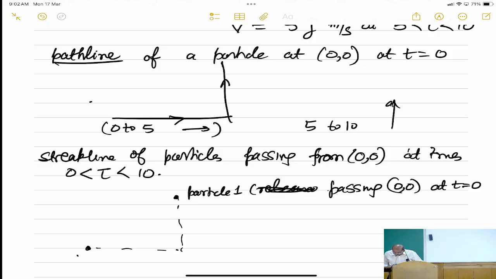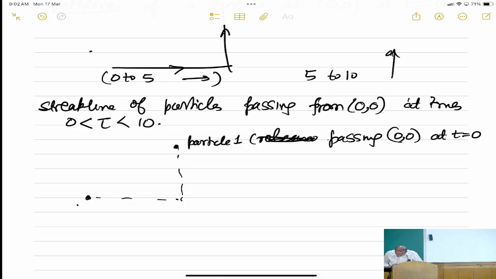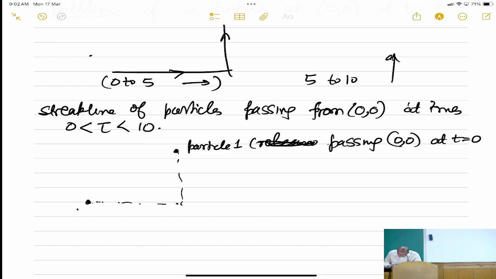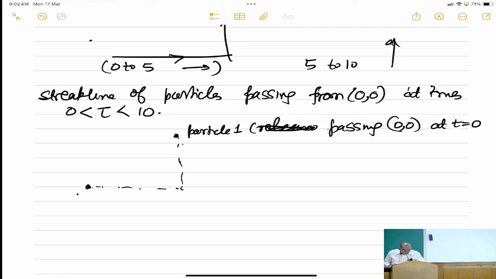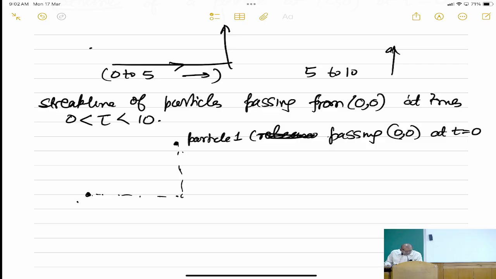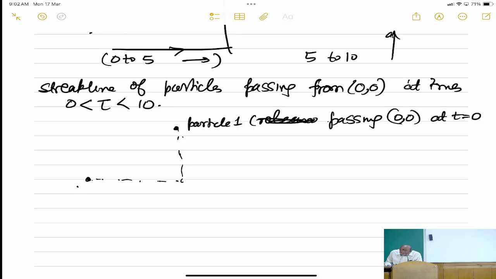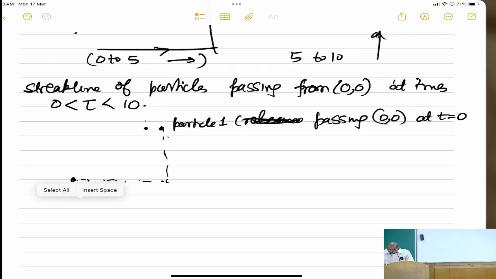I've goofed up somewhere. One second, I'm just checking. Yes, the particle at t equal to 1.